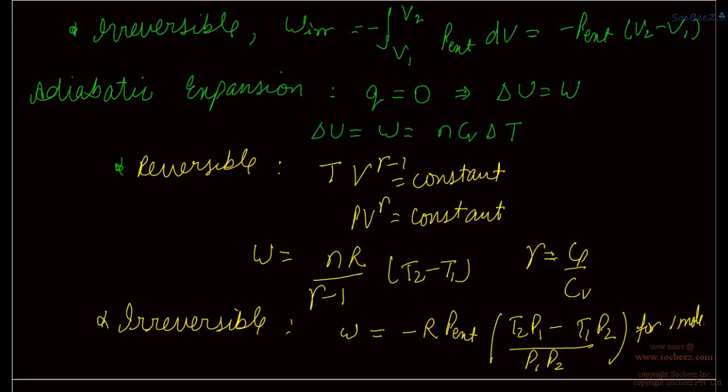Now, in case of thermochemistry, as we all know, we deal with the heat of reaction in terms of heat of formation of products and reactants and the bond energy of different species involved in that particular reaction.